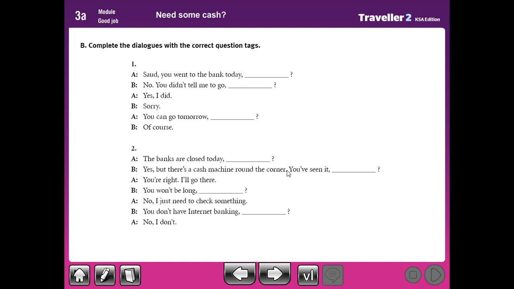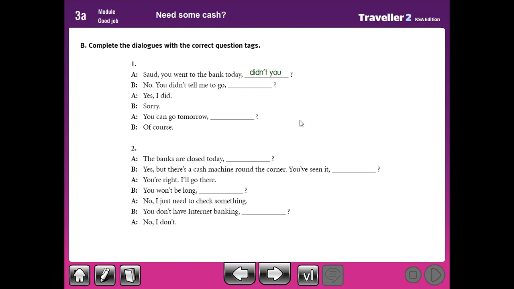Is this an affirmative statement or negative statement? Yes, very good. It's affirmative, so I'll change it into negative. The proper auxiliary verb in this sentence is did, and the proper personal pronoun is you. So I'll say, didn't you?